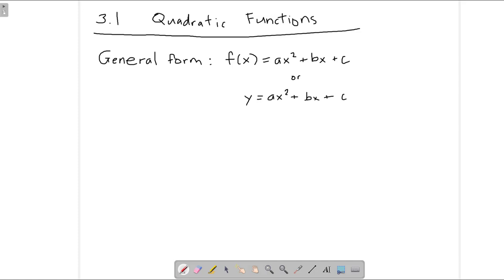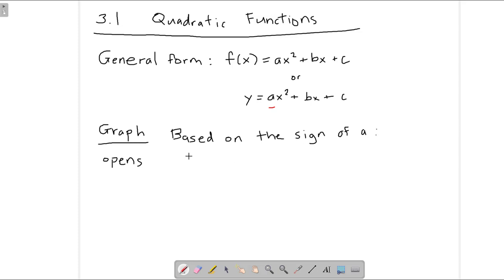One of the other things that we talked about was the graph of a quadratic function. Remember, it's kind of just that bowl shape. But it depends on the sign of this leading coefficient here, right? Based on the sign of a, positive or negative, your graph either opens pointing upward or pointing downward.